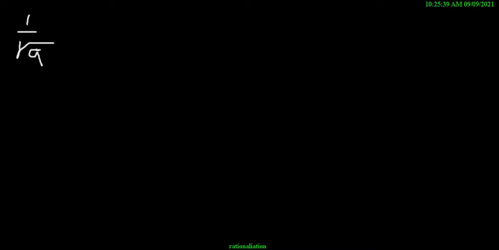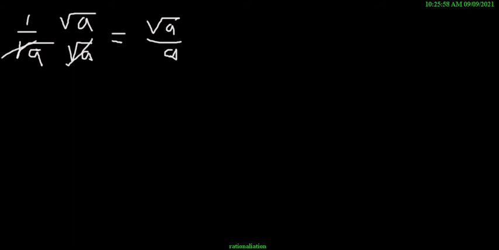So we could just simply say, okay, root of a times root of a, and then on top root of a, 1 times root of a, which will give us root of a over a, since the roots cancel out, giving us a.